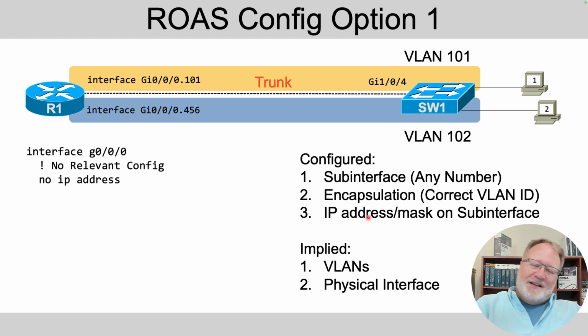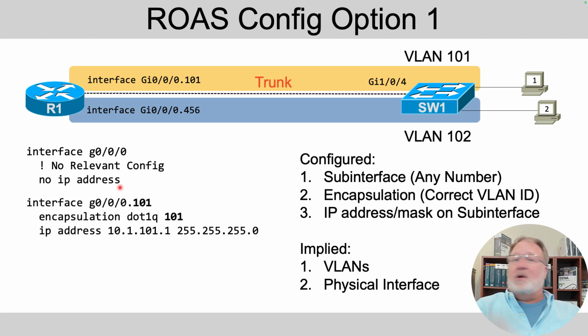First off, the physical interface gig 0/0/0, it still needs to be in an up state, but otherwise it does not have any relevant config. In fact, normally you're going to see this default setting of no IP address on the physical interface. Then for these two subinterfaces, which are logical subparts of the interface where we can attach the router on a stick configuration, we've got this new command, encapsulation dot1q 101.